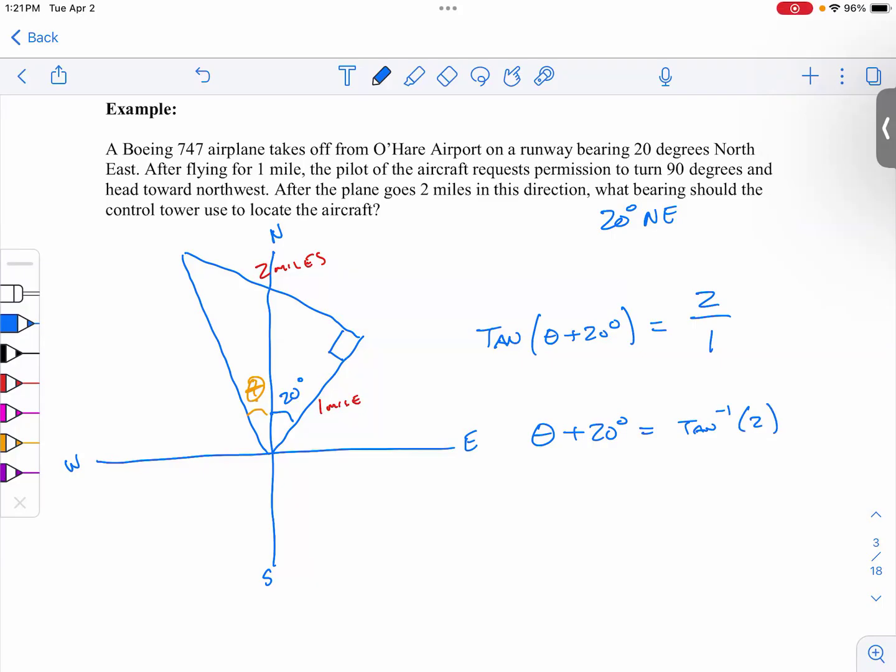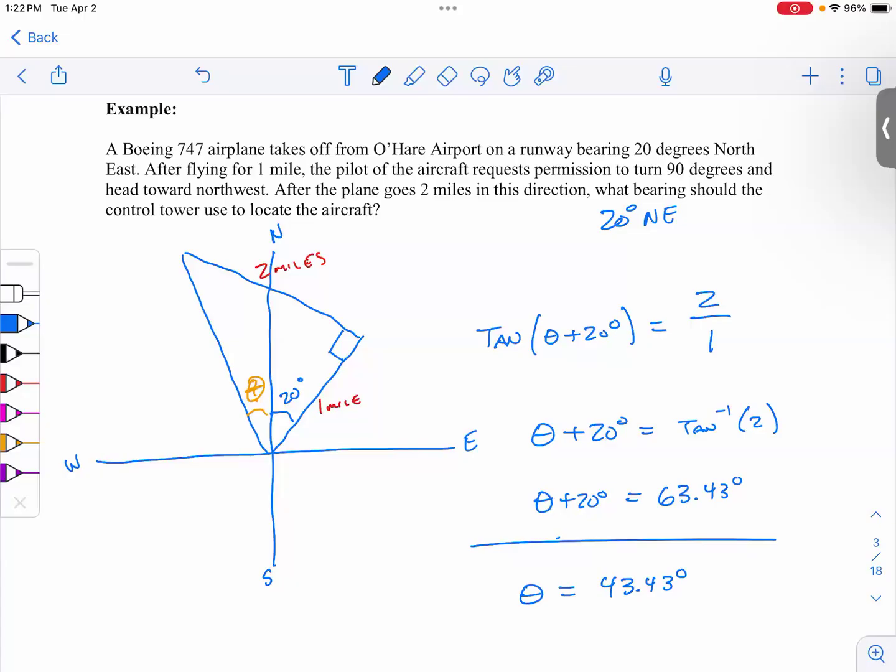I'm going to go back to mode and make sure we are in degrees. Convert back to degrees, which gives me theta plus 20 degrees equals 63.43 degrees, and then minus 20, theta equals 43.43. All right, so I found the angle.